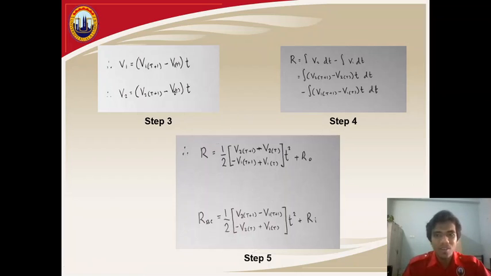So if you want to convert the velocity into distance, just sub both v into the integral equation that we have, and then it will be like this. After that we integrate the equation, and then we will get like this.